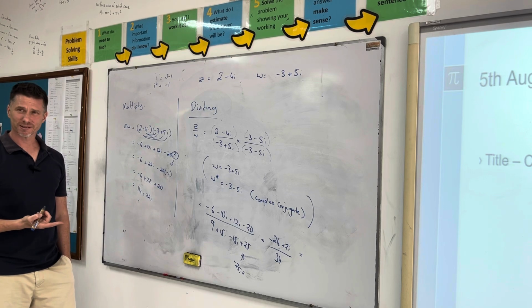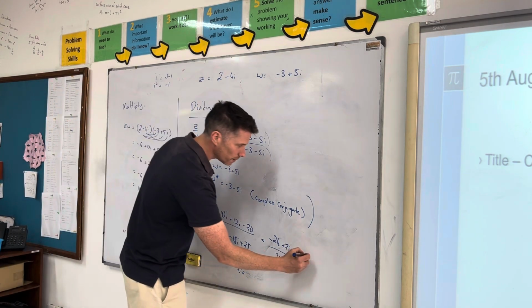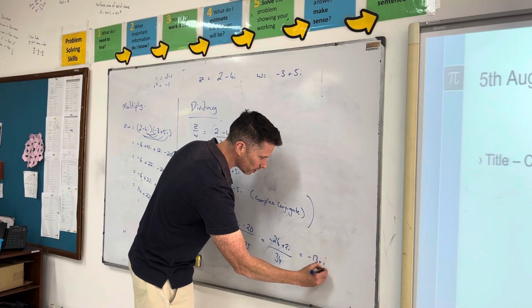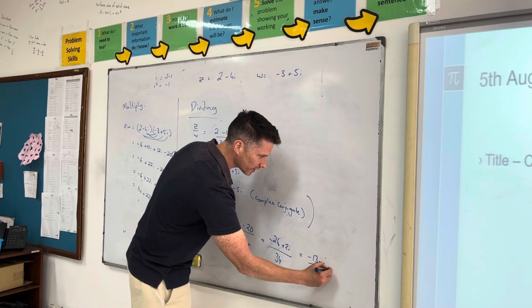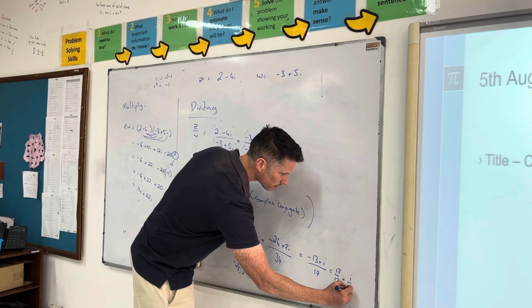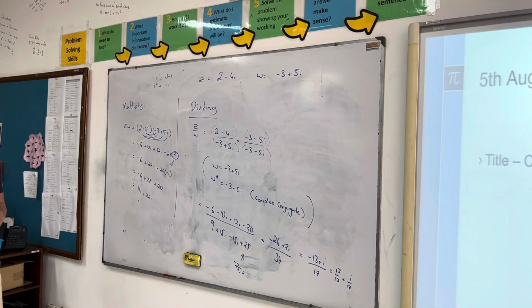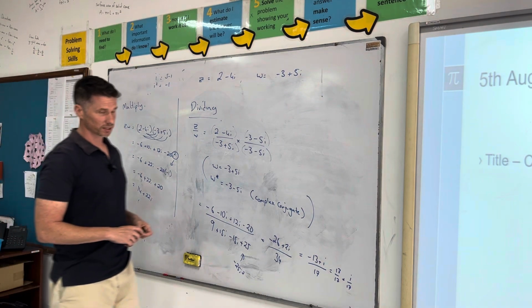Can I simplify this? Yeah, 2 goes into everything, so this could be minus 13 plus i all over 17. Is that simplified? Yeah, this is fully simplified.